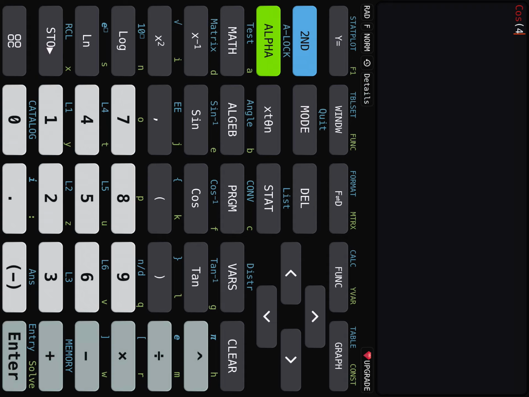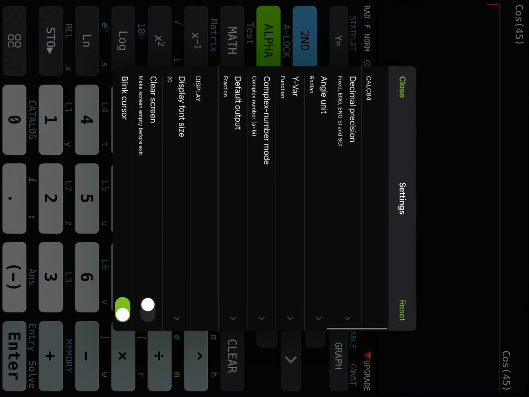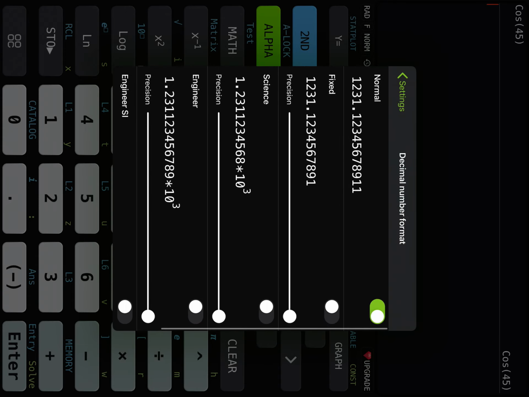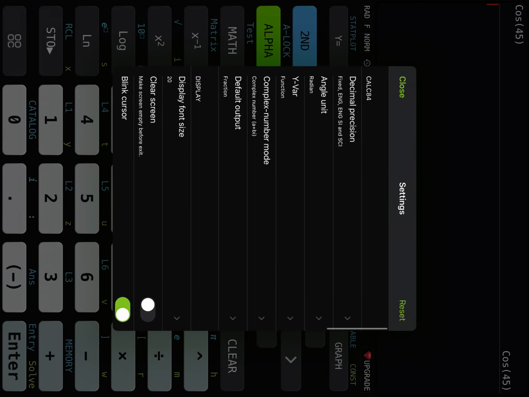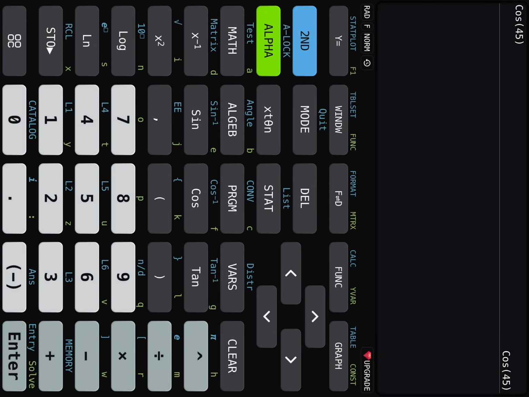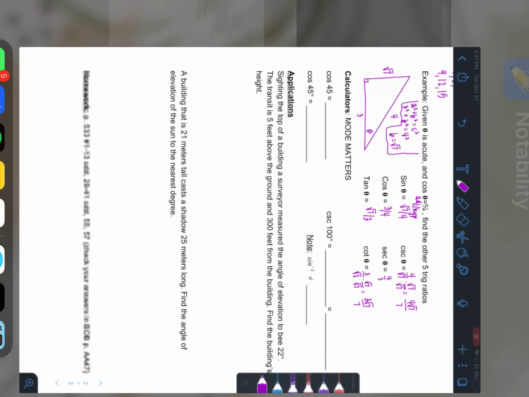So if I say cosine of 45, that's without the degrees. There we go. Cosine of 45 is 0.5253.